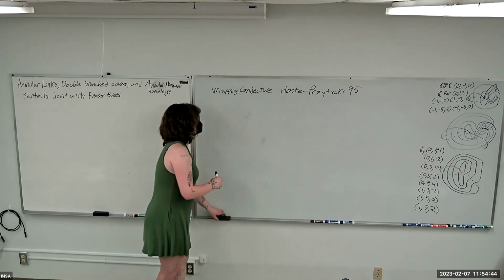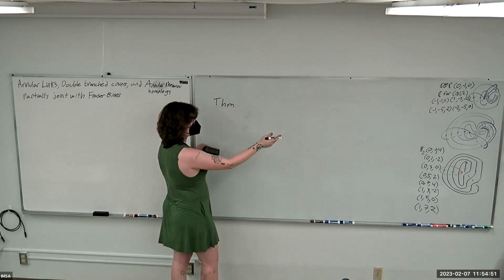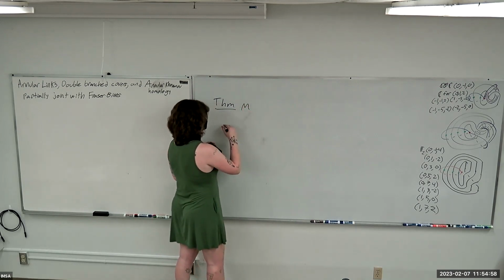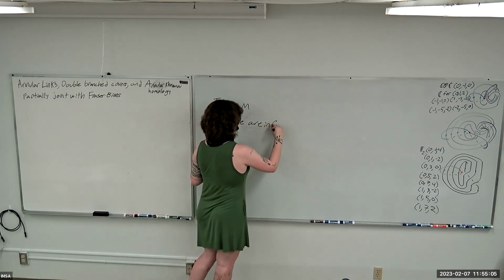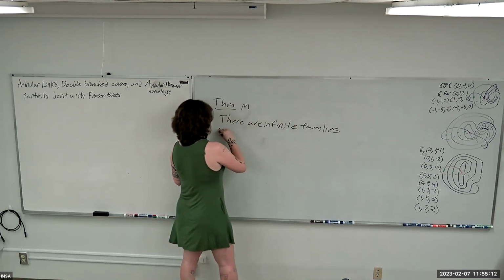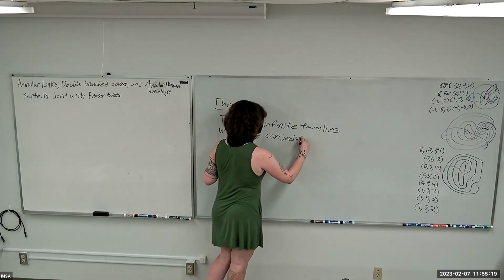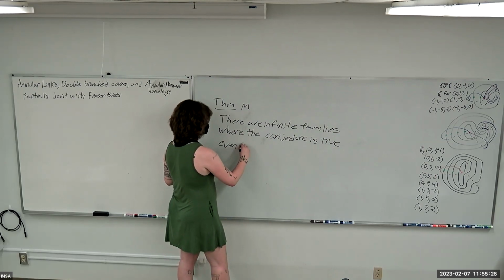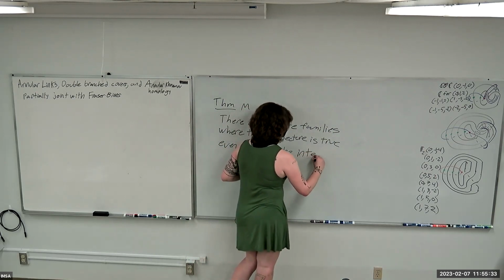Maybe I'll just say that, instead of leaving you on a cliffhanger of whether that family you thought of was a counterexample, I'll just say as a theorem, I showed that there are infinite families where the conjecture is true, even though the intersection number with the disk is much higher than the Thurston norm.